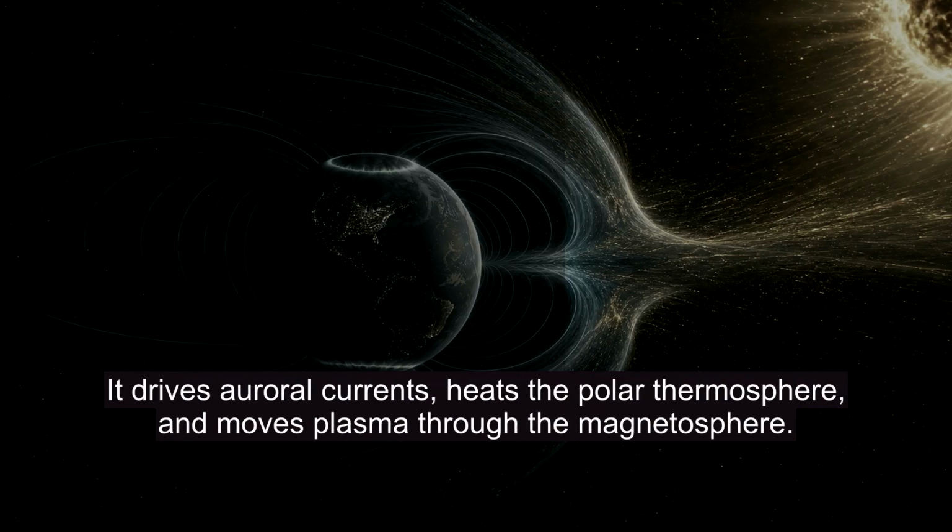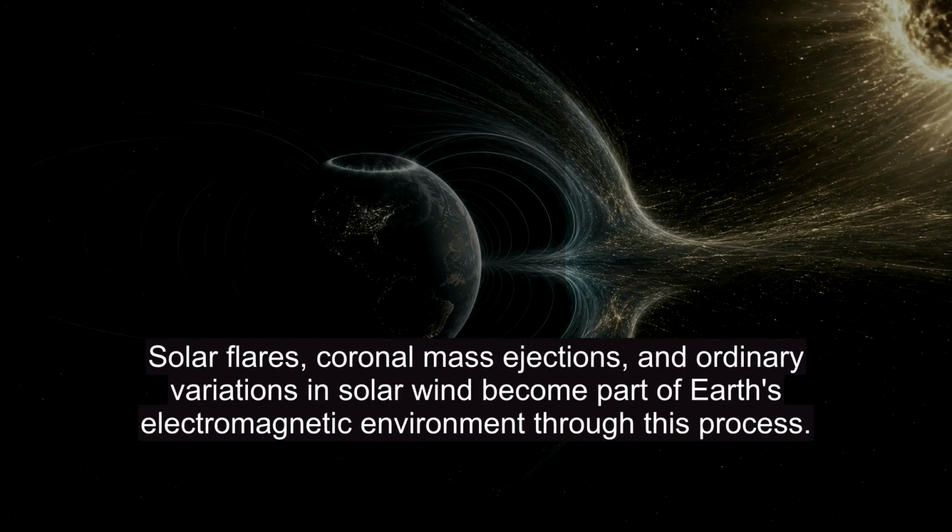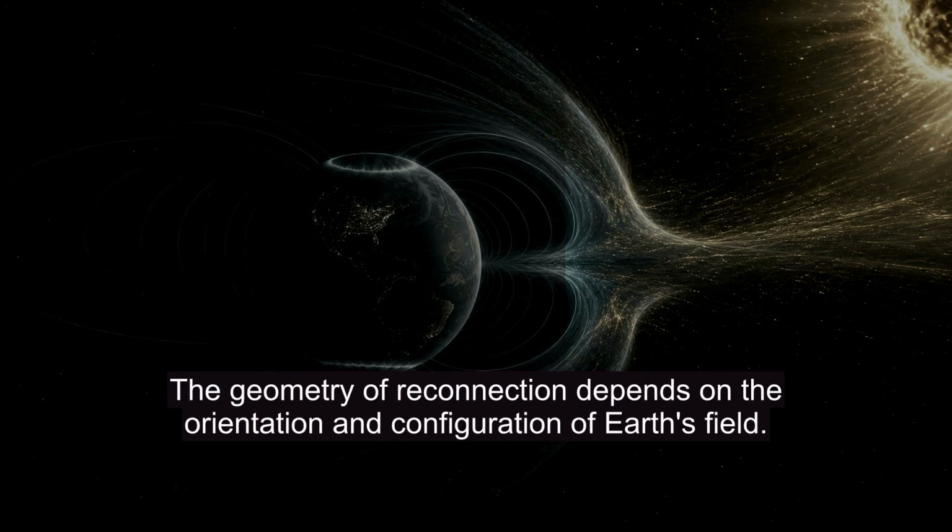It drives auroral currents, heats the polar thermosphere, and moves plasma through the magnetosphere. Solar flares, coronal mass ejections, and ordinary variations in solar wind become part of Earth's electromagnetic environment through this process. The geometry of reconnection depends on the orientation and configuration of Earth's field.